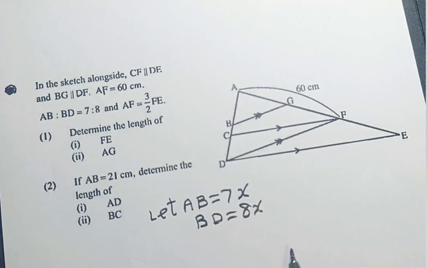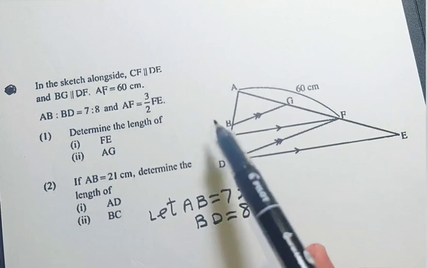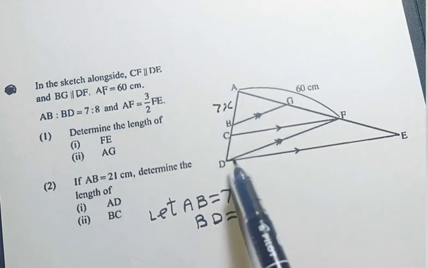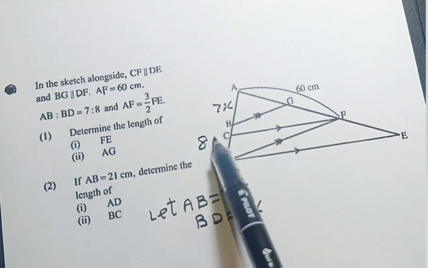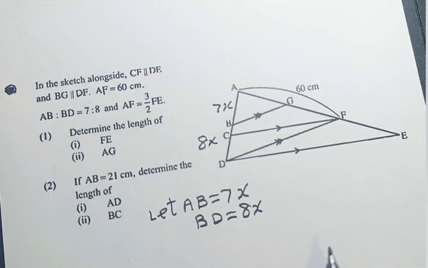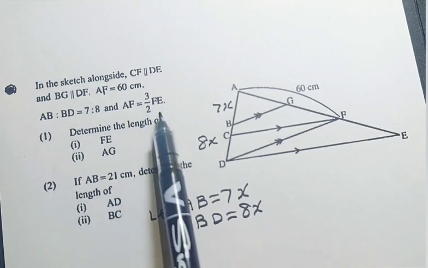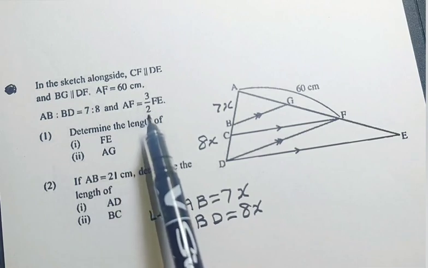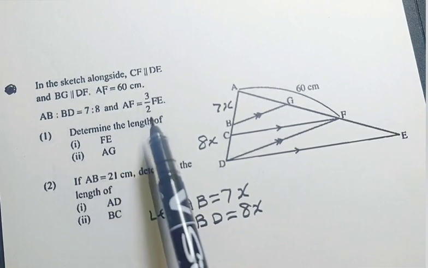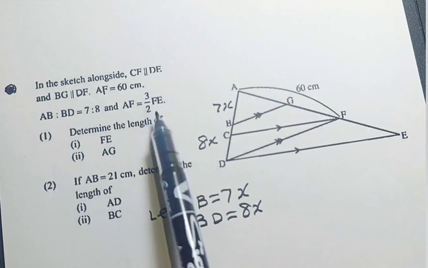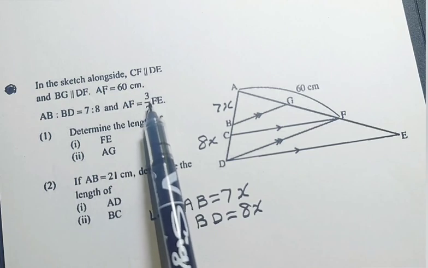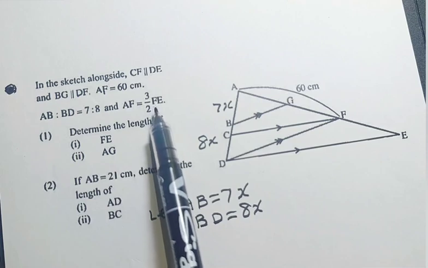So now AB is 7x and BD is 8x. Now it says AF is 3 over 2 FE. Remember, in the previous question I explained that we need to isolate the 3 over 2.